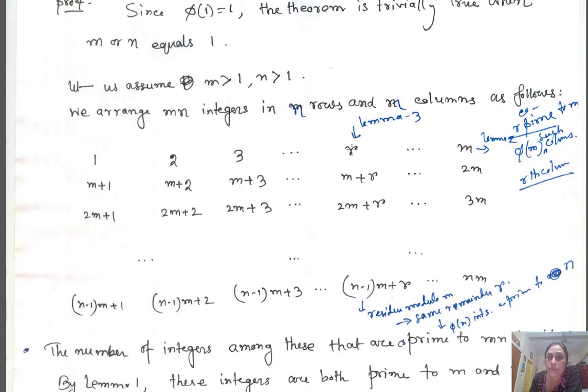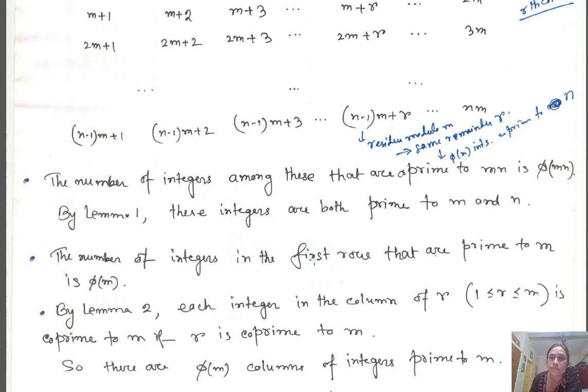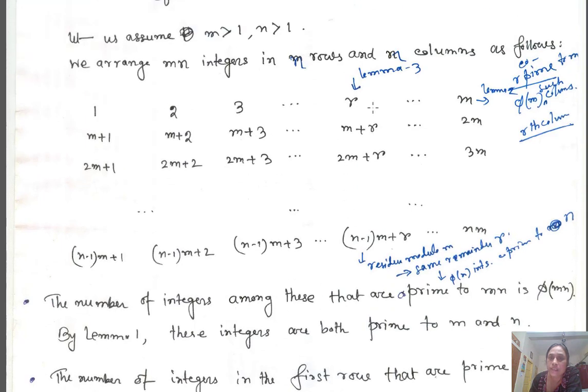One element is co-prime to m means each element is co-prime. Each integer in the column r is co-prime to m if r is co-prime to m. All these elements are co-prime to m if r is co-prime to m.